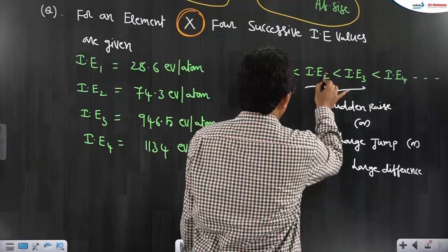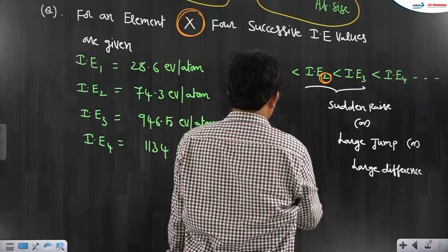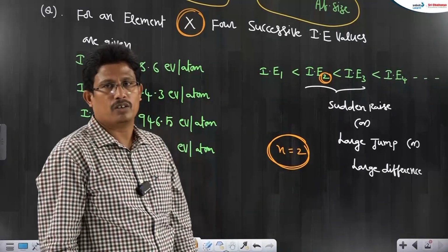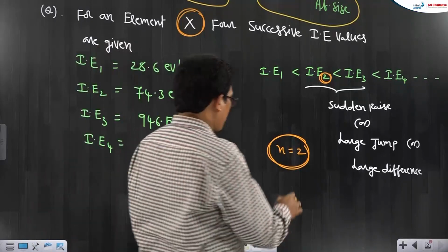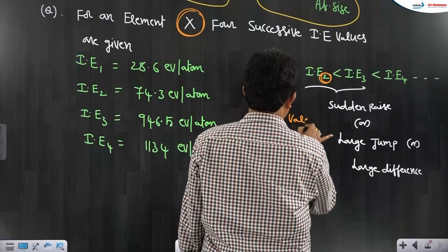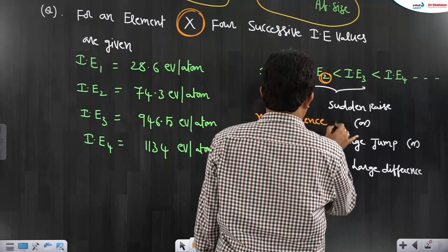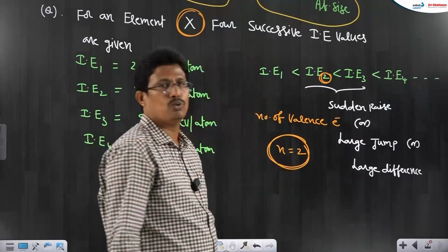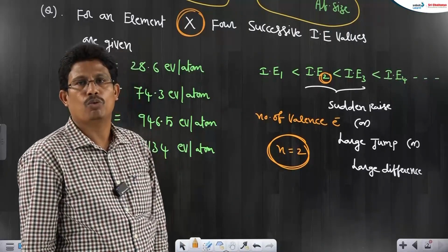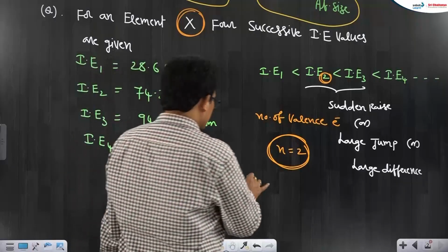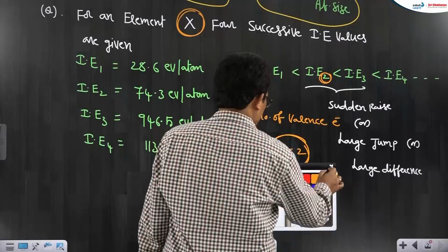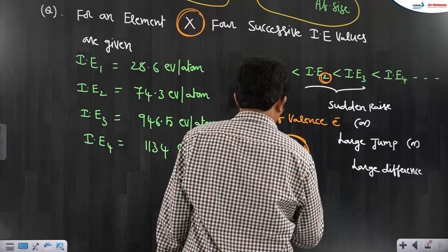Here, how many electrons are there? 2 electrons. These 2 are the number of valency electrons, n equal to 2. So the element X belongs to a group.